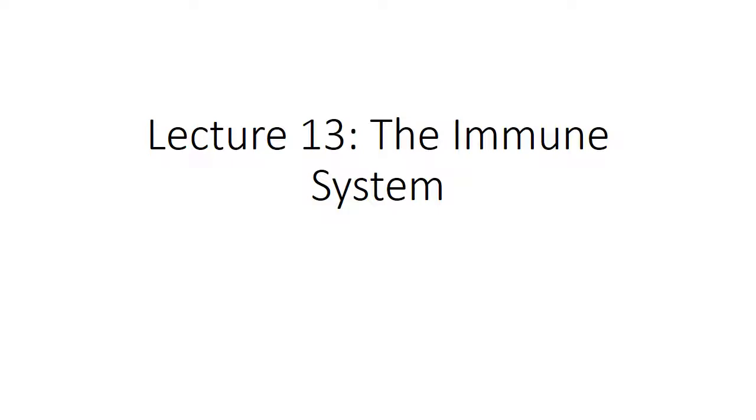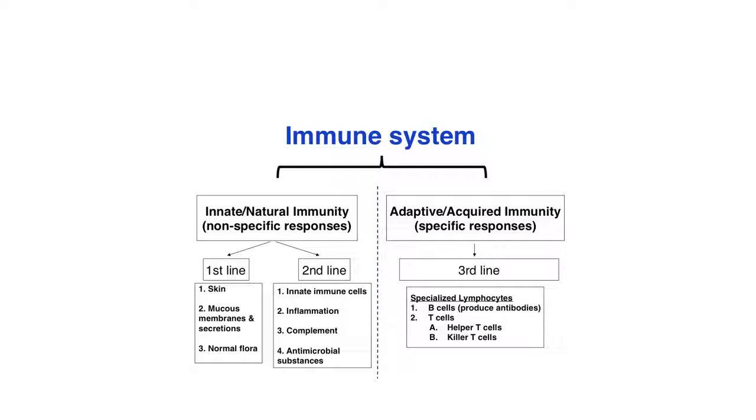And this lecture is about the immune system, or the immunity, the system that defends you from harm, from invaders, from diseases, etc. So let's take a look at what it is. The immune system is a system of cells, tissues, organs, reactions, etc., which guard against potentially or actually harmful substances which are foreign.